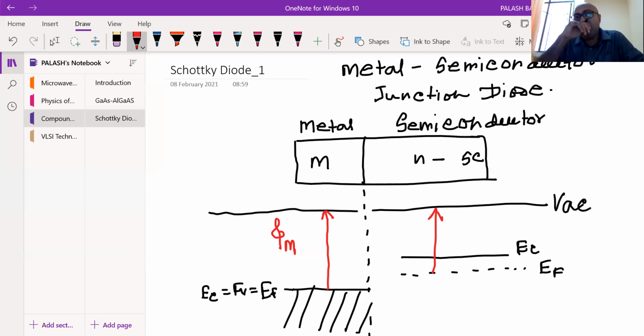So if you really don't have any option, then you consider a term called phi s. Otherwise, it is better not to consider it. I am not recommending it. What I am recommending is another parameter called chi, the electron affinity. I think that is good.